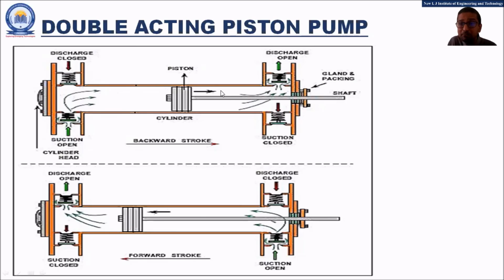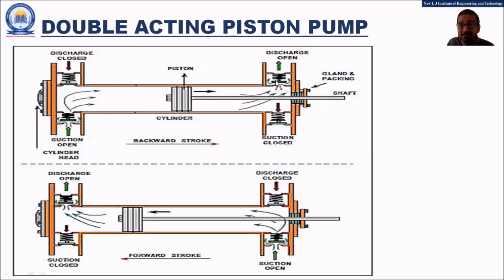In the front of the piston, already the liquid will be collected. That collected liquid will be forced, compressed by the piston. So because of this pressure difference, again now the delivery valve, this delivery valve will be opened and that collected liquid will be discharged to the delivery tank.